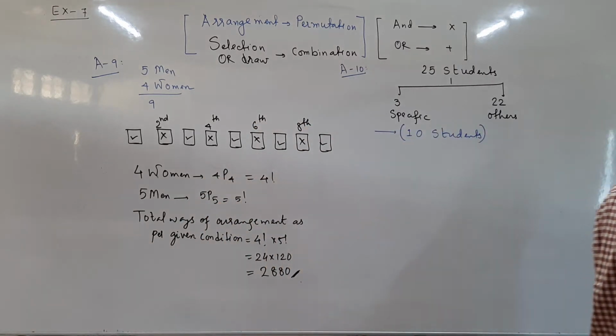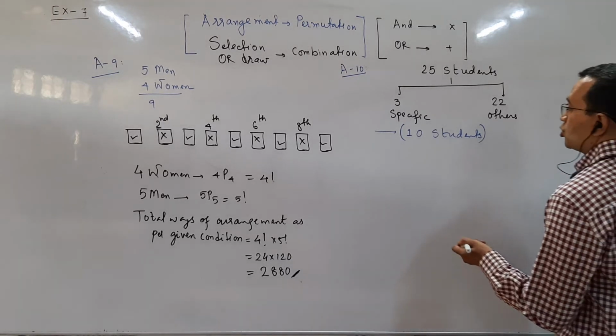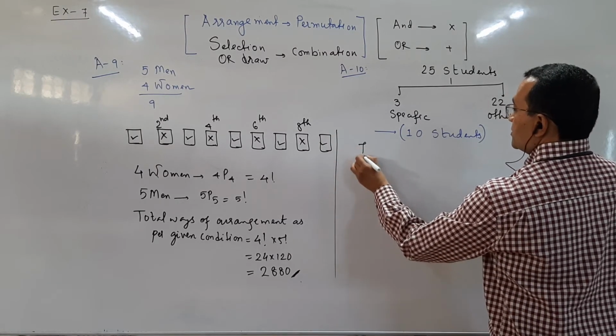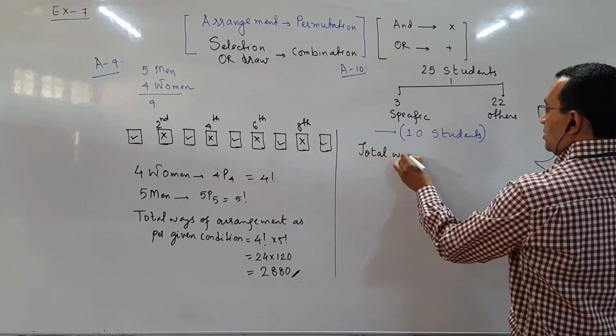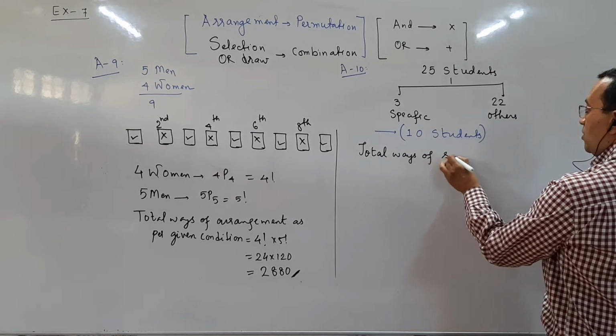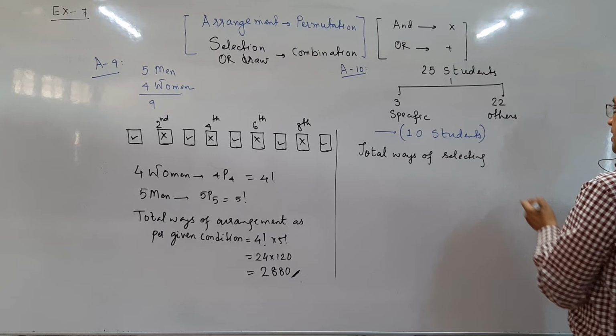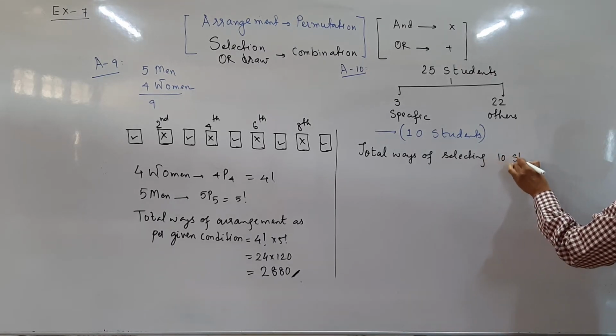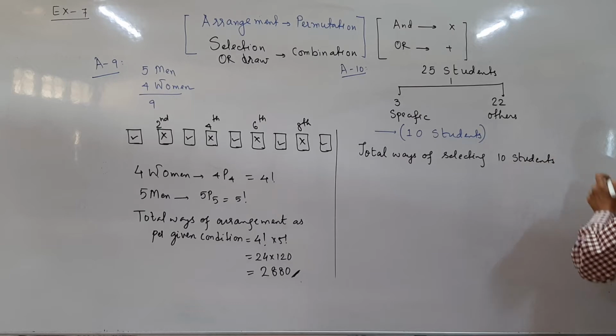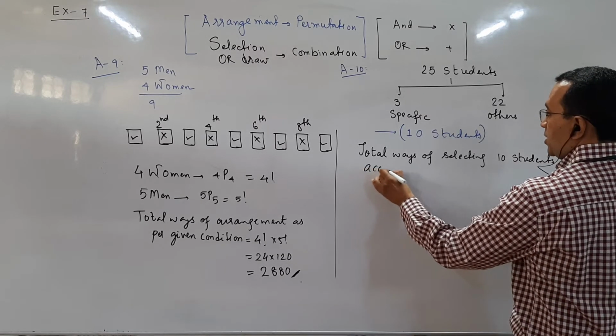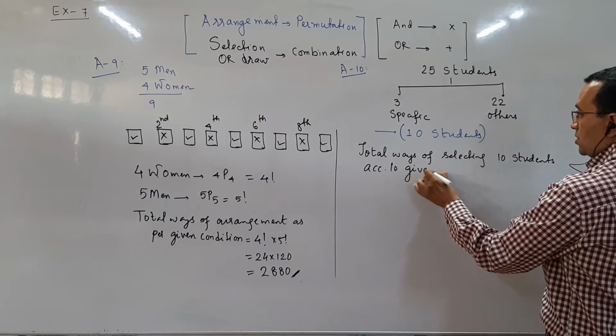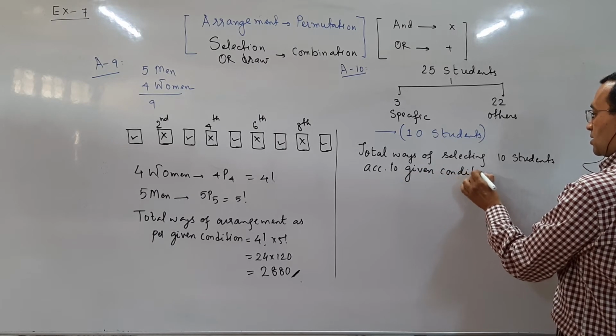Say 3 friends A, B and C decide that either all 3 will attend the party or none of them. So the total ways of selecting 10 students according to the given condition.